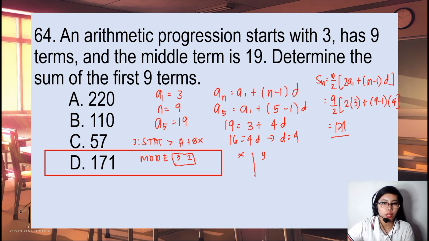Since we have a sub 1, let's put 1 here, and the value of a sub 1 is equal to 3, and for a sub 5, let's write 5, and the value of a sub 5 is equal to 19. Let's input that in our calculator. After that, click AC. We're looking for the sum of the first 9 terms, so shift summation.